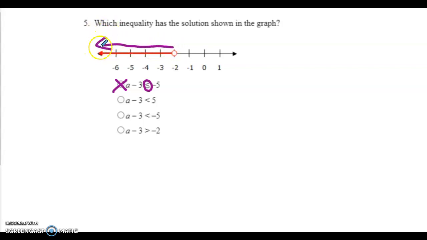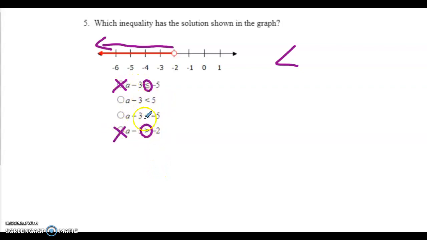And so you can look at that arrowhead and that can help you determine what your symbol is going to be. Now remember, this arrow shortcut only works if our letter comes first, but it does. So we can take the shortcut. So I know my inequality symbol has to be less than because I'm looking at all the numbers less than. So I can go ahead and go over here and see this one says greater than. I can mark that answer out.